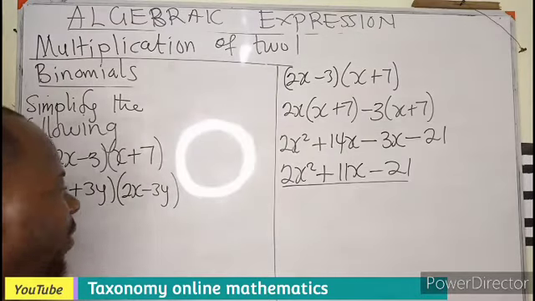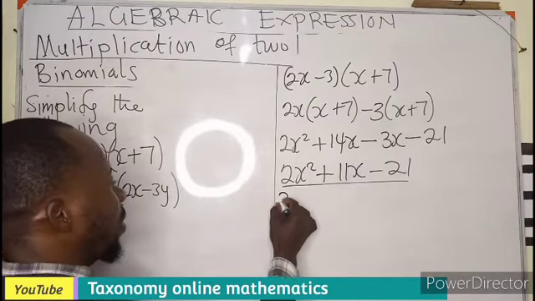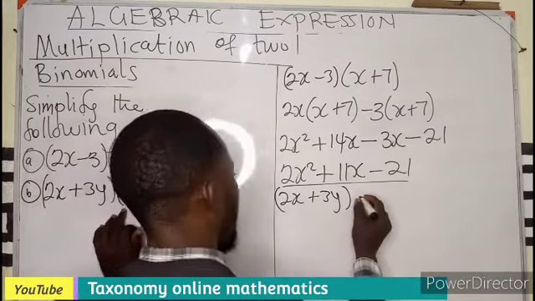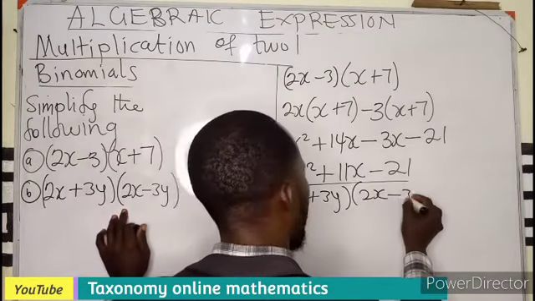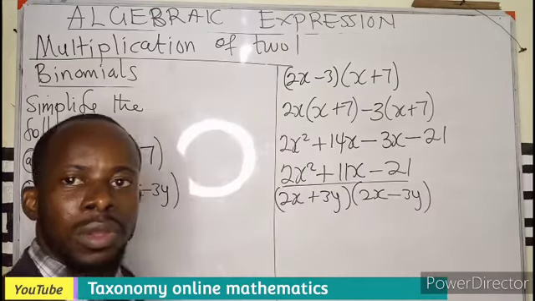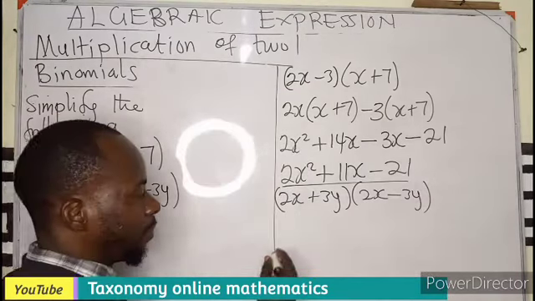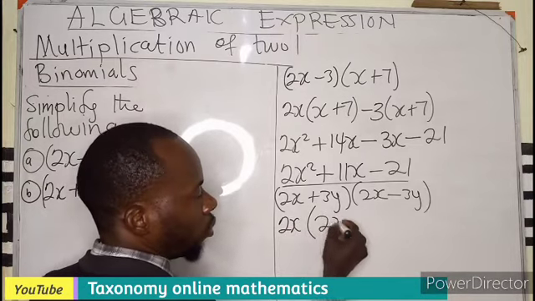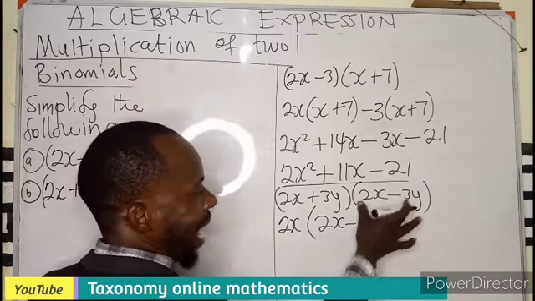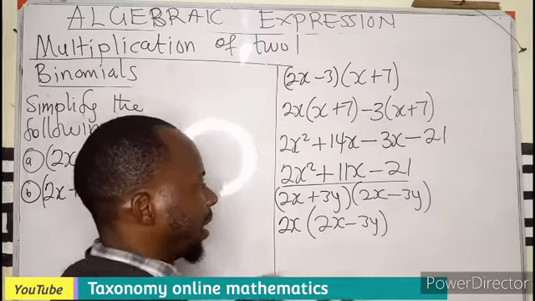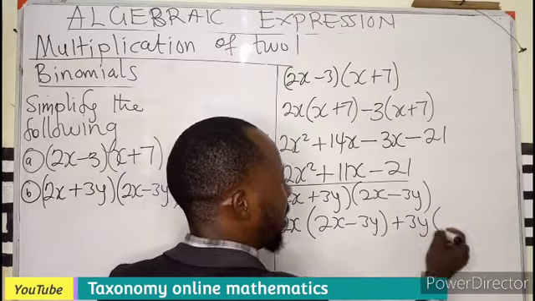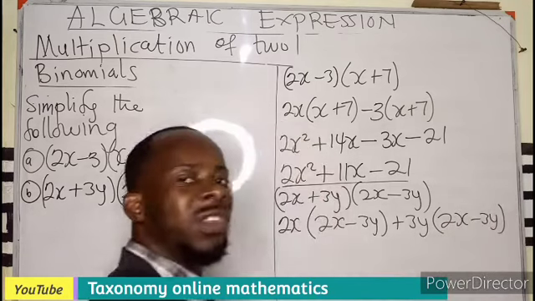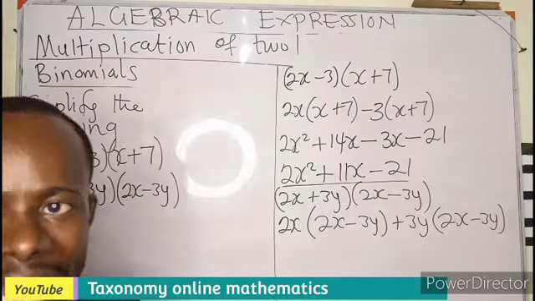Then for the second one, we have our 2x plus 3y. This is the first term, so 2x will be distributed on 2x minus 3y as in the second bracket, then plus 3y also distributed on the second bracket.